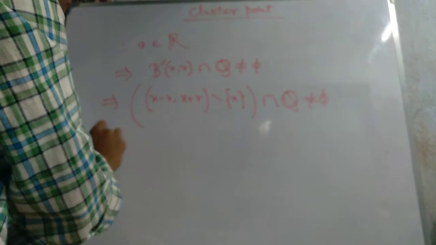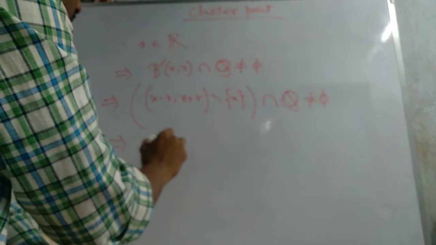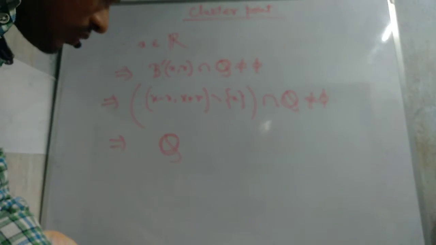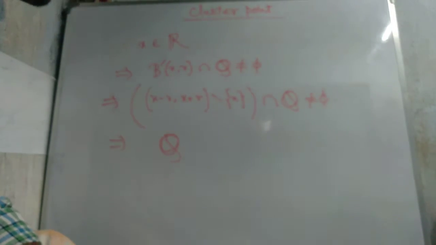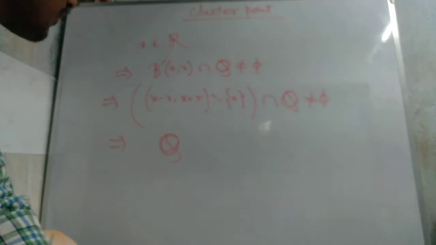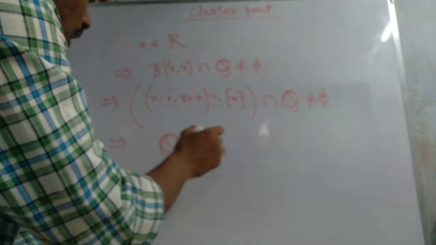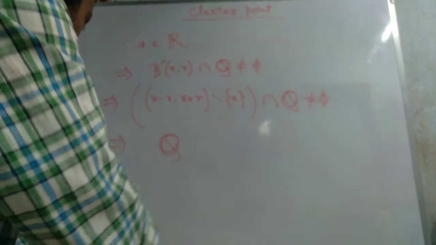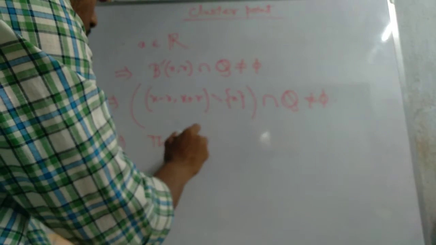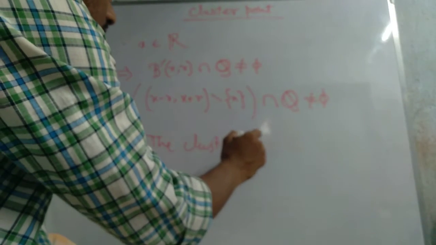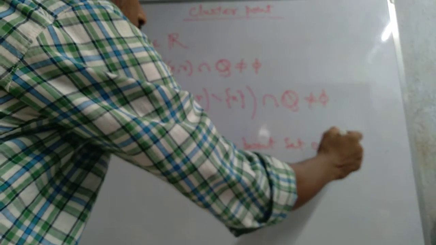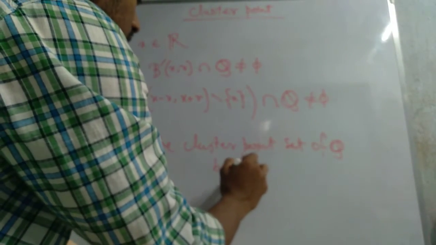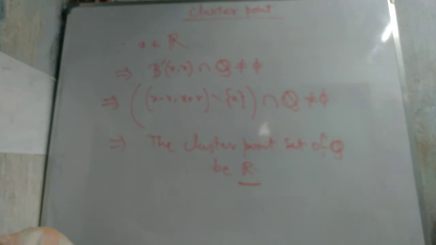What we conclude is that the cluster point set of Q in R is R. Understand?